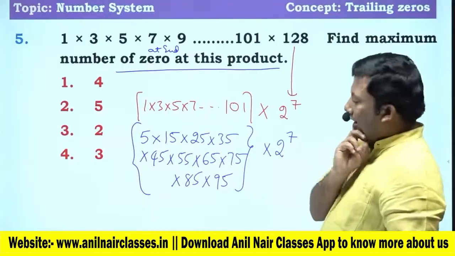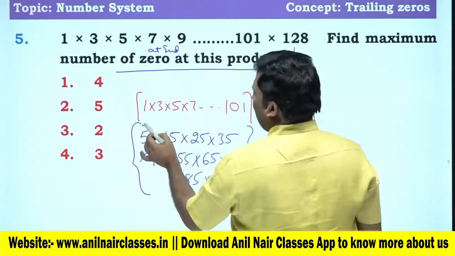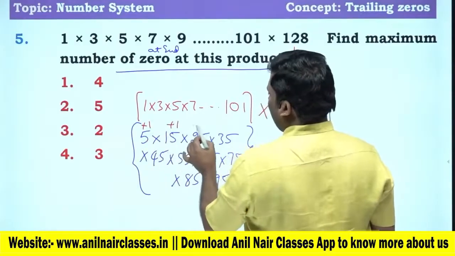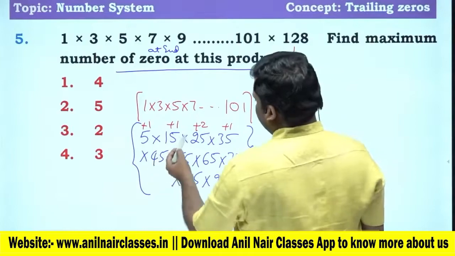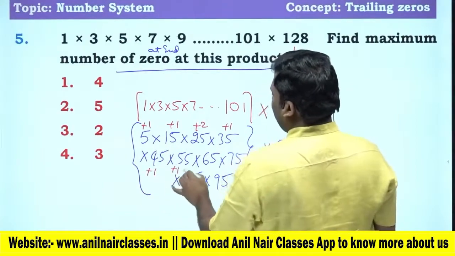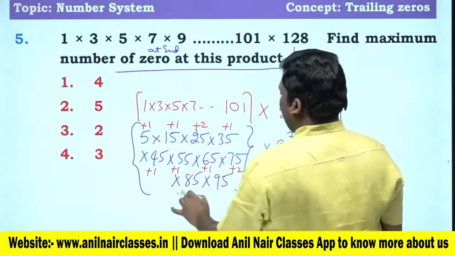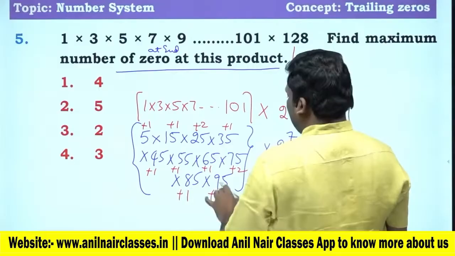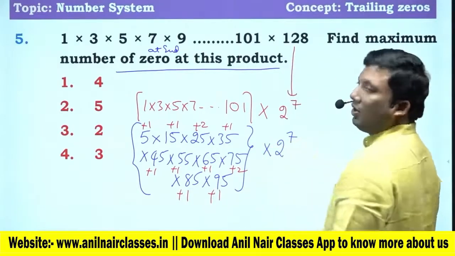How many powers of 5 we got? Let us see. These plus 1, these plus 1, these plus 2, these plus 1, these plus 1, these plus 1, 5 into 11, 5 into 13, plus 2, and it is plus 1, 5 into 19, plus 1. Are you all with me?